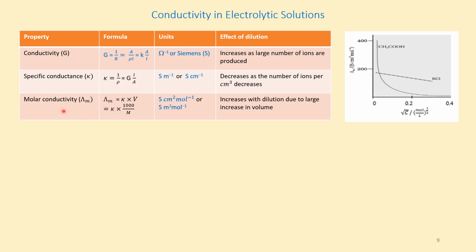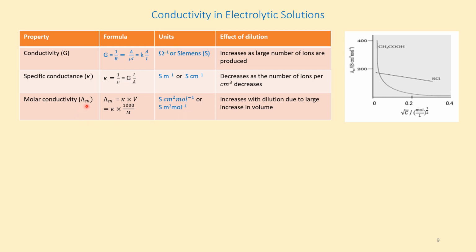The molar conductivity lambda m is given by the formula lambda m is equal to kappa into V, where V is the volume, or that can also be written as kappa into 1000 divided by M, where M is the molarity. Its unit is Siemens centimeter square per mole or Siemens meter square per mole.